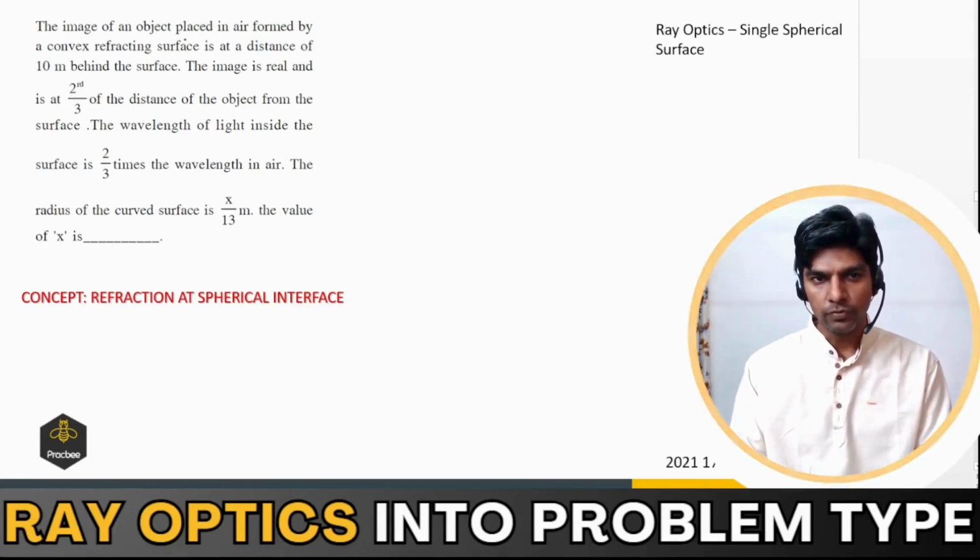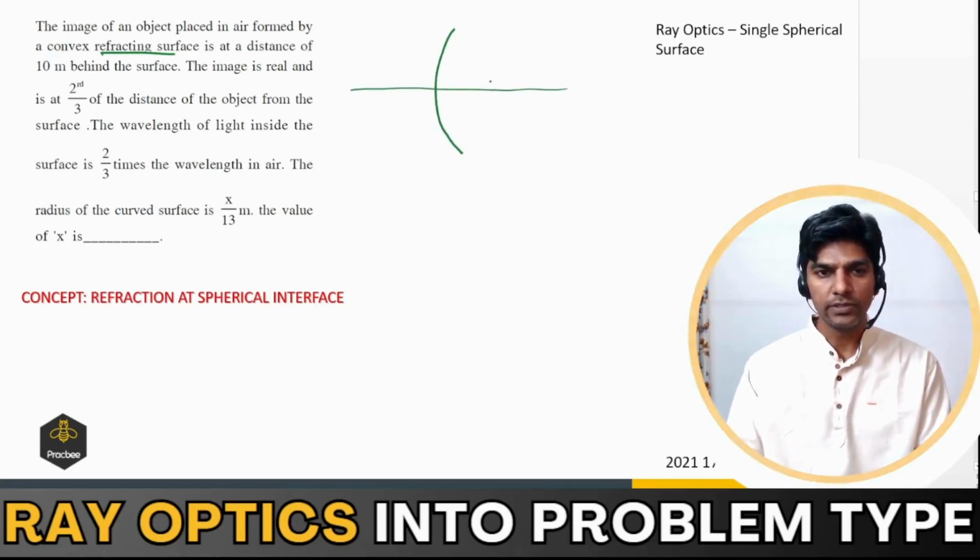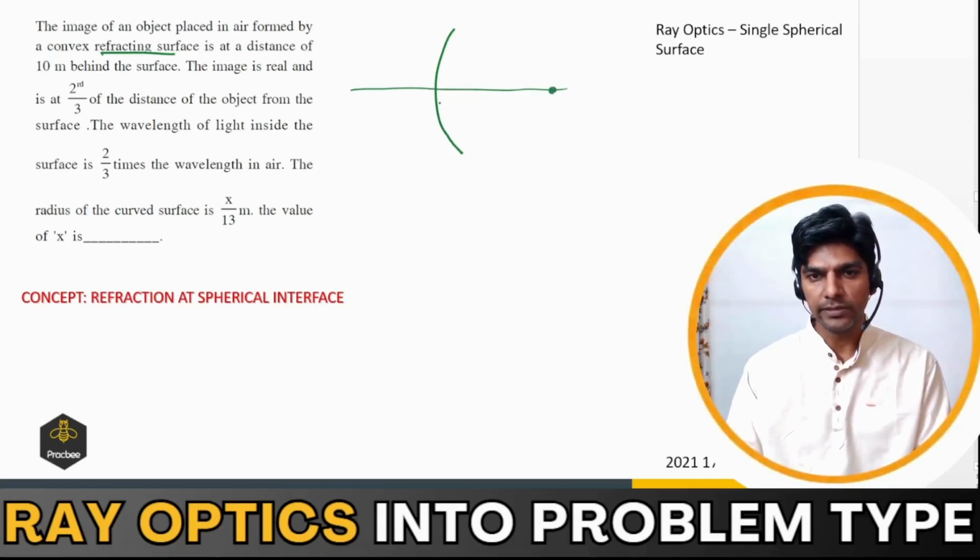The image of an object placed in air formed by a convex refracting surface is at a distance of 10 meters behind the surface. So we have a convex refracting surface and its image is being formed behind the surface at a distance 10 meter.